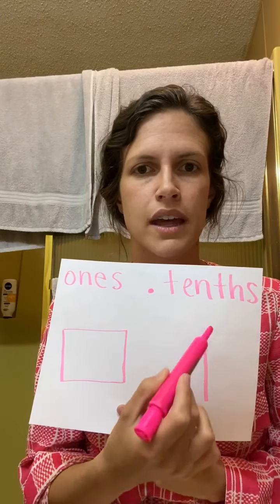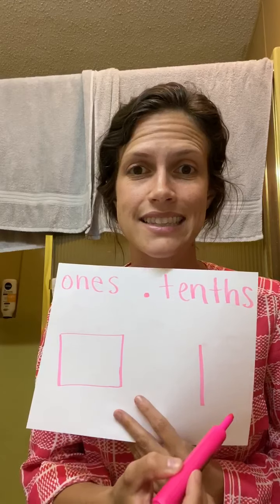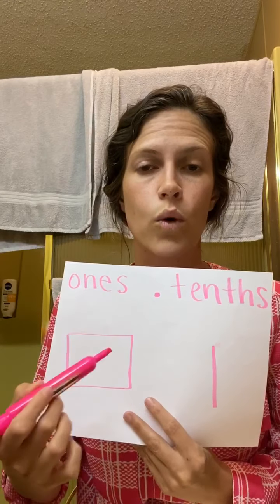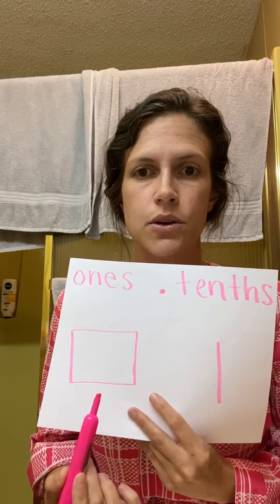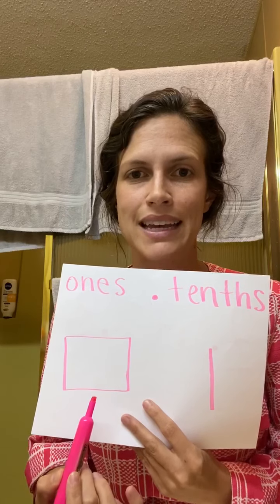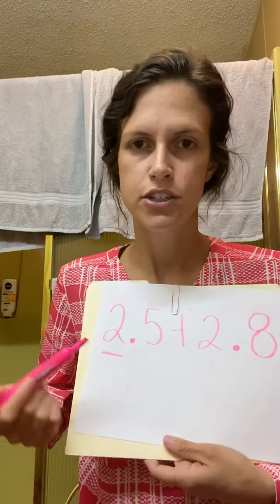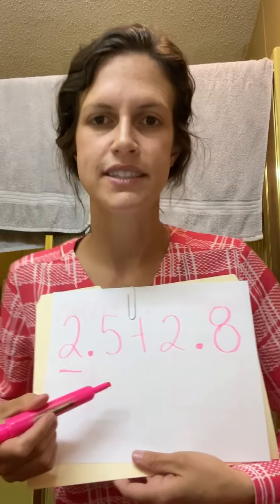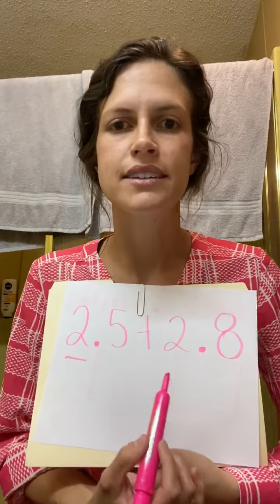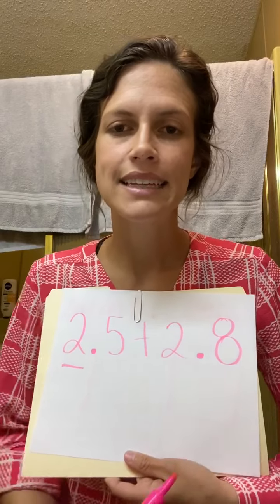We know that we need 10 tenths to equal one whole number, okay? So whole numbers will be represented by a square and the tenths place by a stick. So let's look at this problem again. We have 2 and 5 tenths plus 2 and 8 tenths.